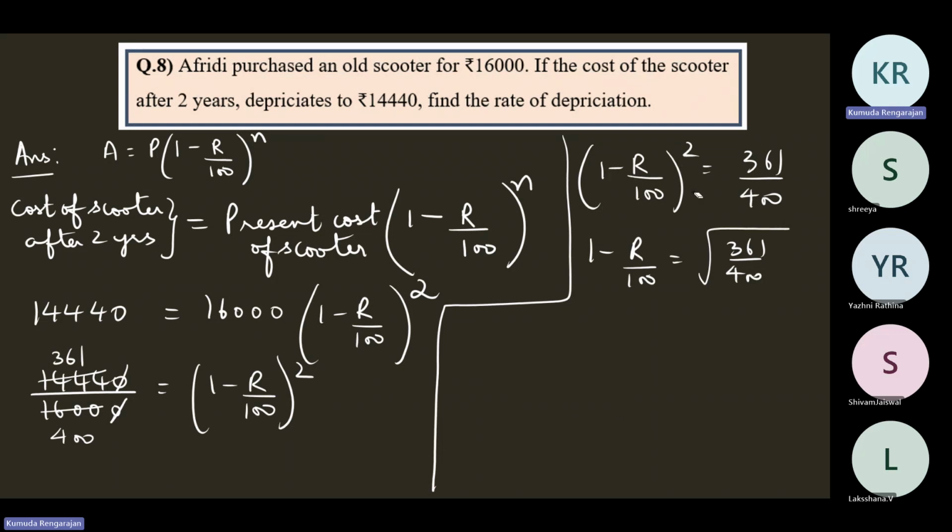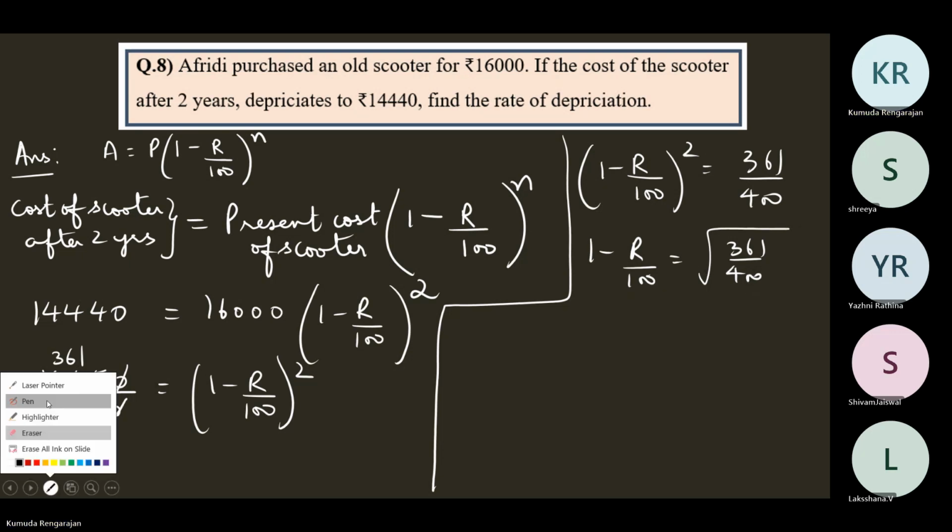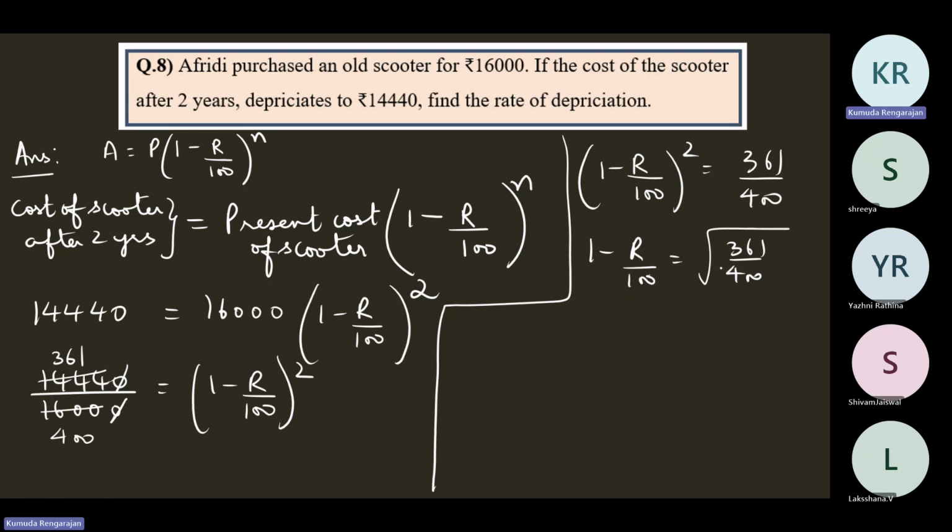If it was to the power 3, then it will be cube root of whatever you have on the other side. So here square root of 361 by 400. Square root of 361 is 19 and square root of 400 is 20. So 19 by 20.